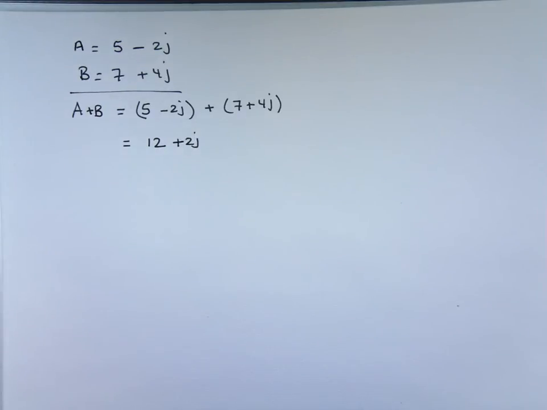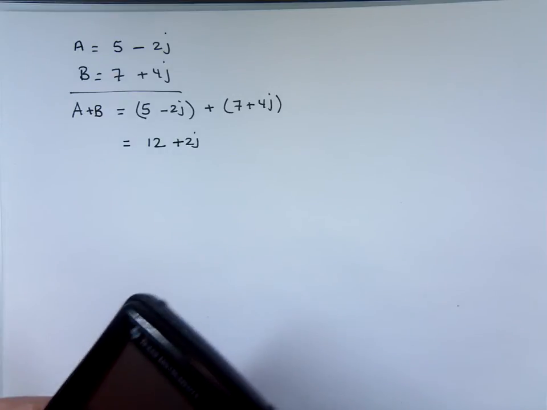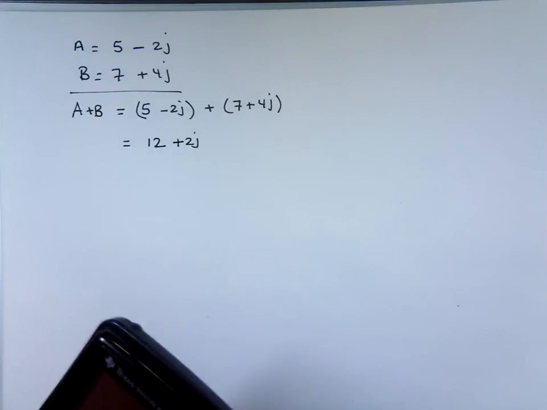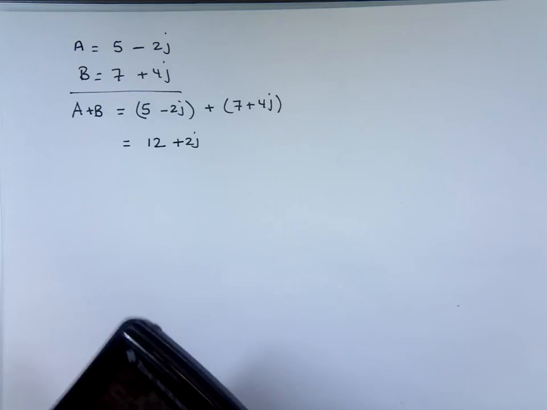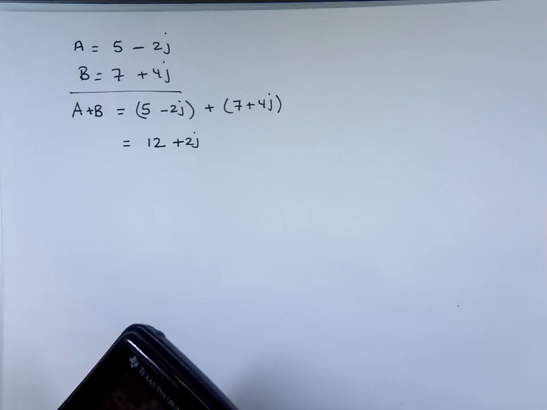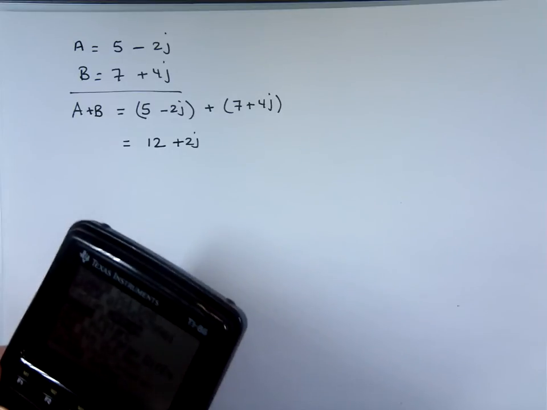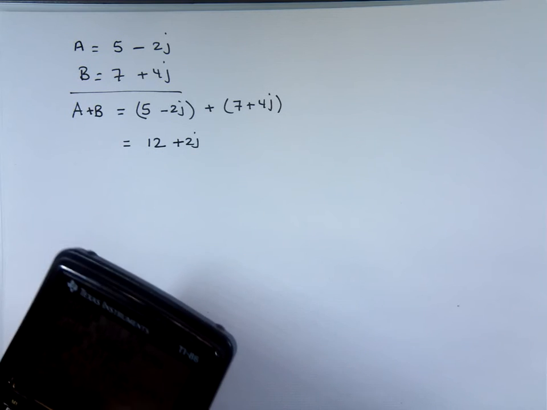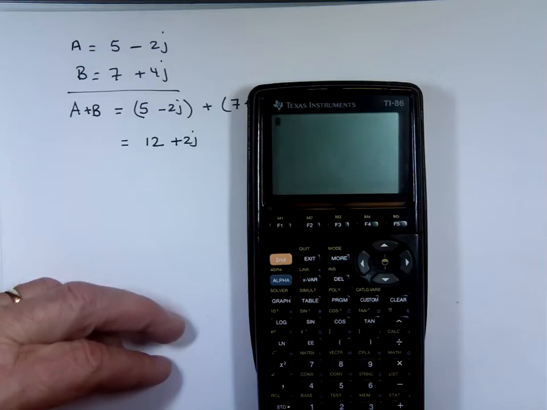And if I go to my calculator now, and I do that on mine, let me put my calculator in rectangular mode just to show you it's working. Let me ask my calculator to do the work for me. 5, comma, negative 2, that's 5 minus 2j.